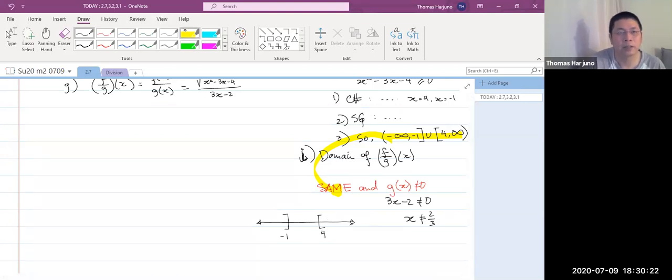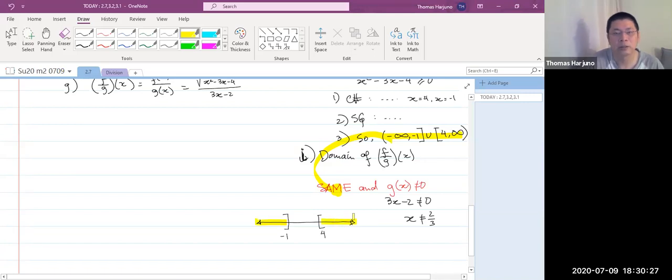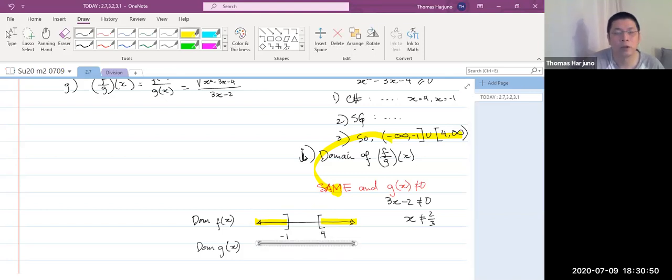So for f of x, this is the domain of f of x. Okay, the domain of g of x is all real numbers. Let's use this.